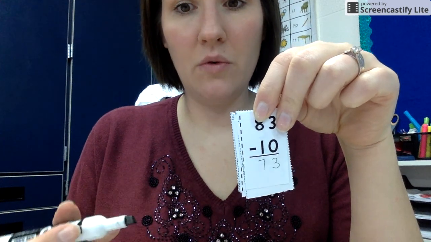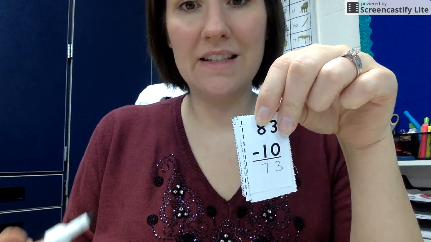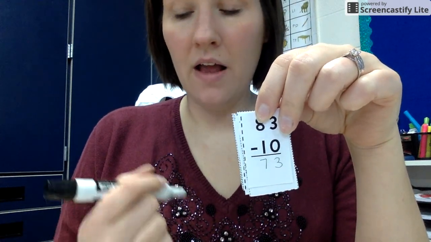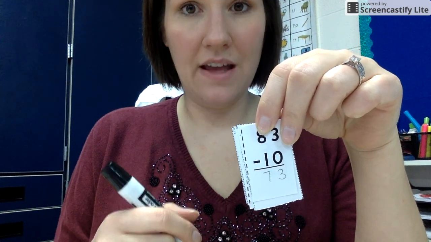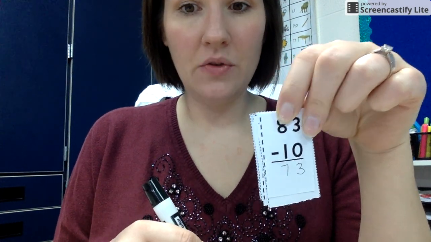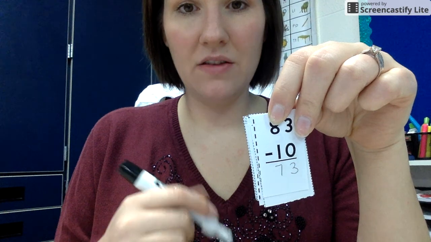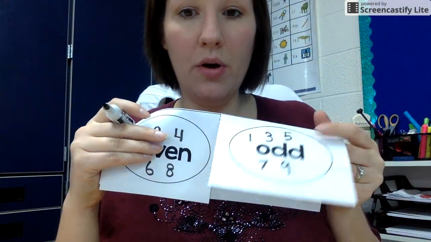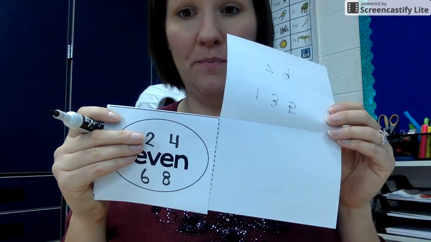Remember, even means it can be split into groups where there's a pair and nothing left over. So the ones place would be 2, 4, 6, 8, or 0, because it would be a multiple of 10. And if it's an odd number, then the ones place would be 1, 3, 5, 7, or 9. So looking at this one, the ones place has a 3. So I know that this is an odd number.